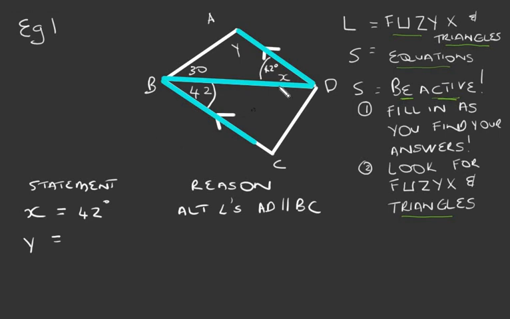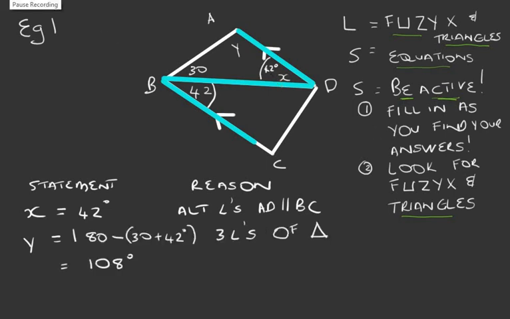We now need to fill in that we found x equal to 42 degrees. Let's see if you can find y for me. Now, we know that three angles of a triangle add up to 180 degrees. So angle y will be equal to 180 degrees minus 30 degrees plus 42 degrees. And that will give us 108.